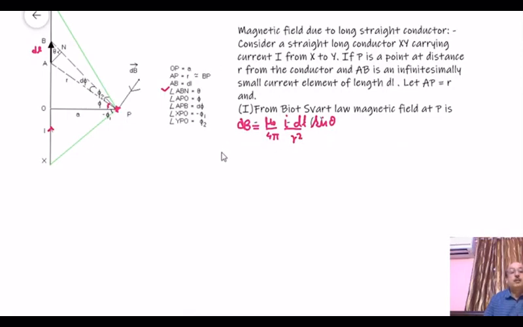Now look at the triangle ABN. We will have sine theta is equal to AN upon AB, and AB is dl.